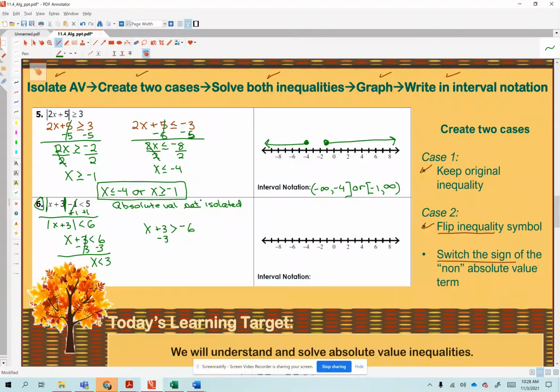And we'll subtract 3 from each side of the second inequality, and we have x is greater than negative 9. So we've got, let's think about this, an open circle on negative 9 and on 3, and x is greater than negative 9 and less than 3. So this is a connected graph.